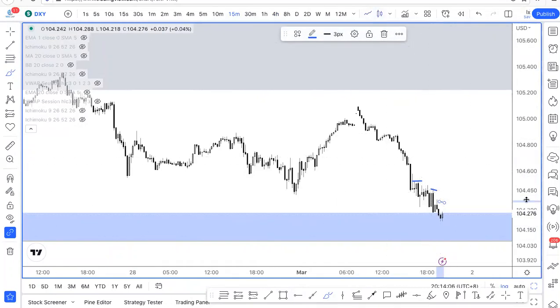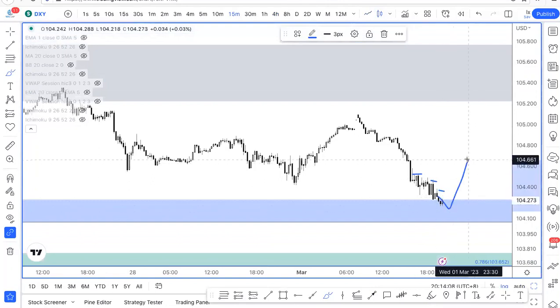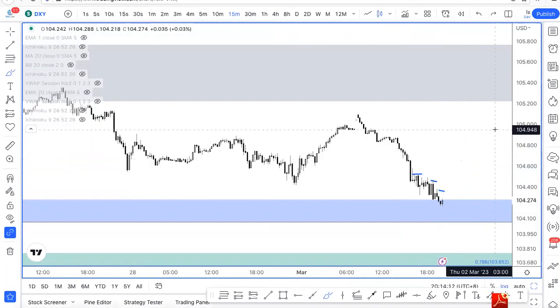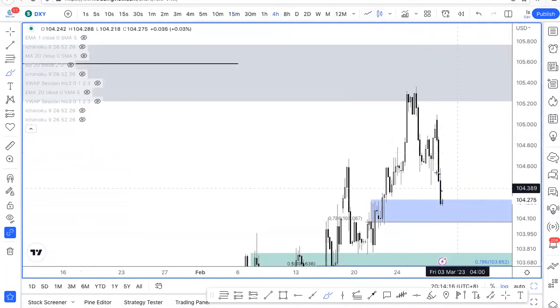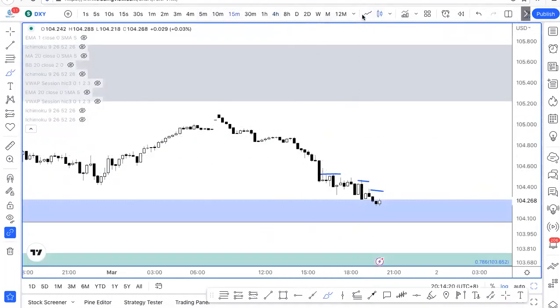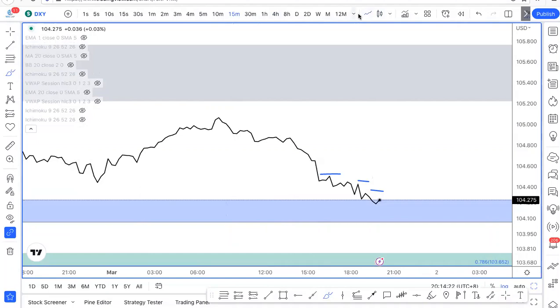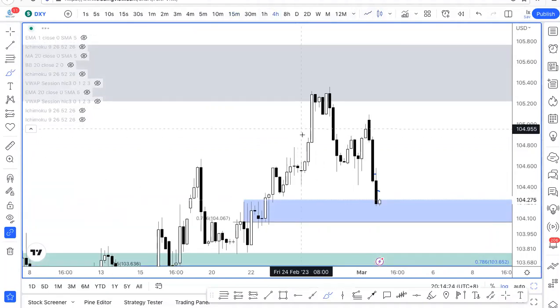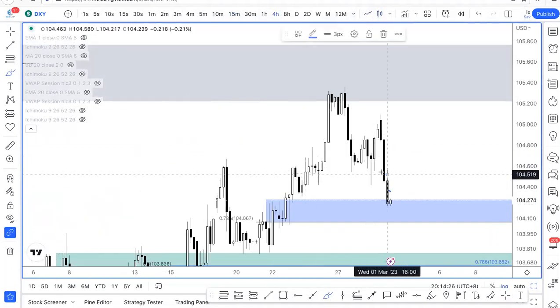So if there's any confirmation, we need price to form a new high and a break above the high for confirmation to the upside. So this is the picture on the 15 minutes and the 4 hours. With every pullback leg on the smaller time frame, it's actually a downtrend. For your lower time frame confirmation, you just need a break to the upside.